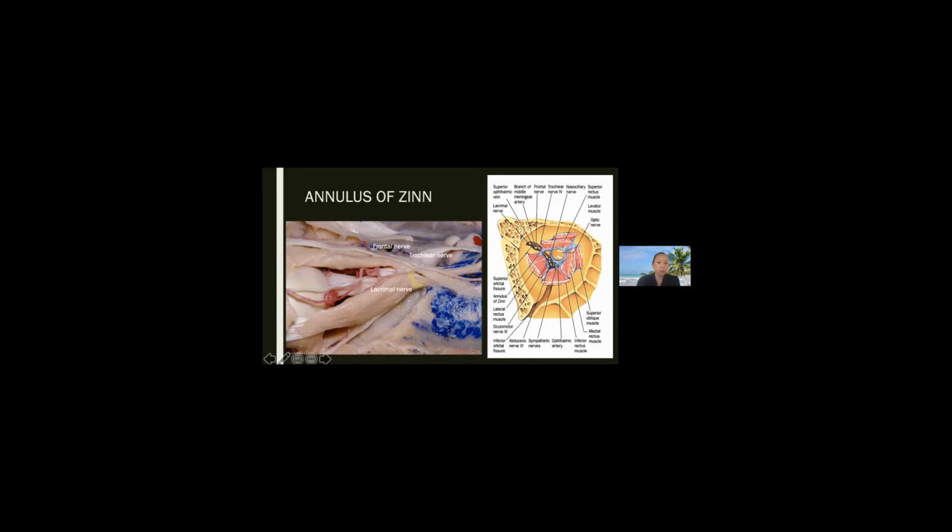The lacrimal nerve goes laterally to the lacrimal gland, the frontal nerve runs on top of the levator palpebrae, and the trochlear nerve runs atop and across the optic nerve to the superior oblique muscle. This annulus of Zinn is also important when we later come back to talking about approaches to the orbit.